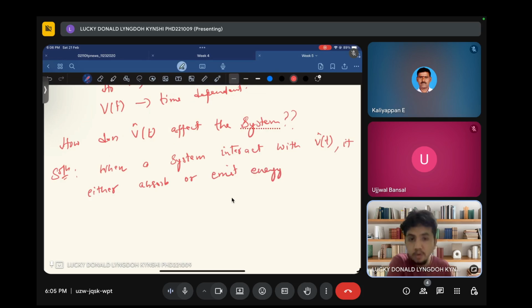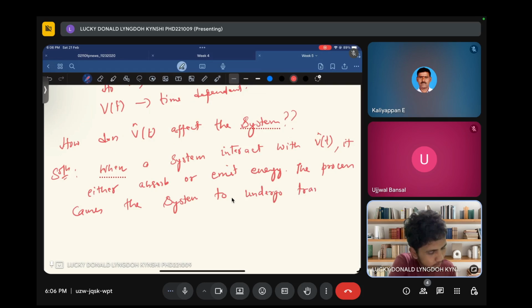The systems can either absorb or emit energy after interacting with the potential V(t). So the process causes the system to undergo a transition, that means it will go from one unperturbed eigenstate to another.